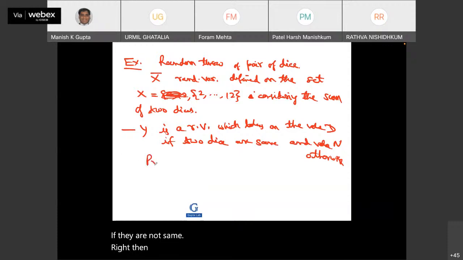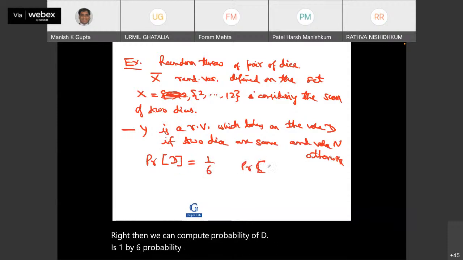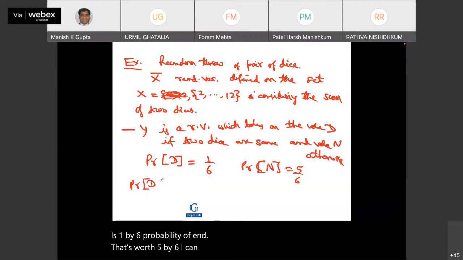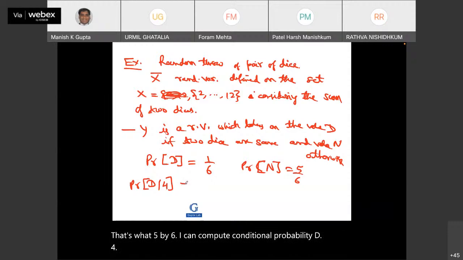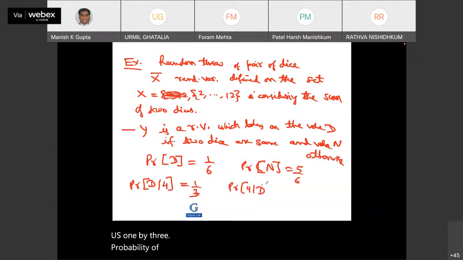Then we can compute the probability of D as 1/6, the probability of N as 5/6. I can compute the conditional probability Pr(D|4) as 1/3, Pr(4|D) as 1/6, etc. I think these are easy things.